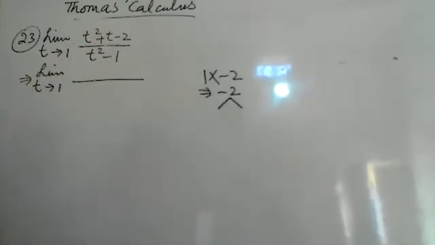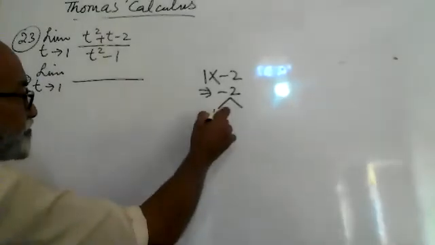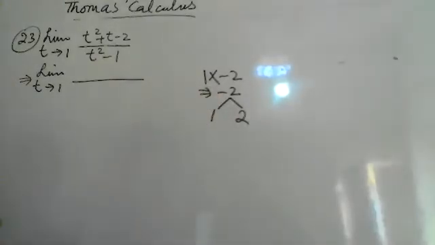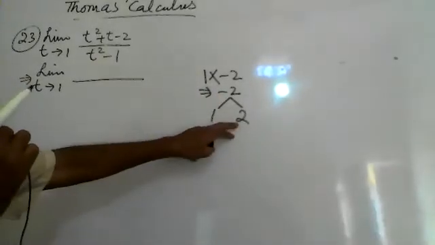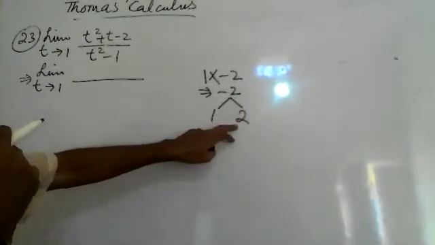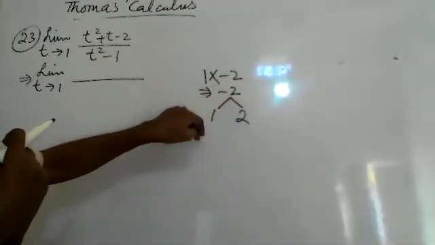So there are two numbers, 1 and 2, or 2 and 1, whatever it is. You may write 1 into 2 will be 2. If you multiply these two, the product will be 2, and there is a negative sign.